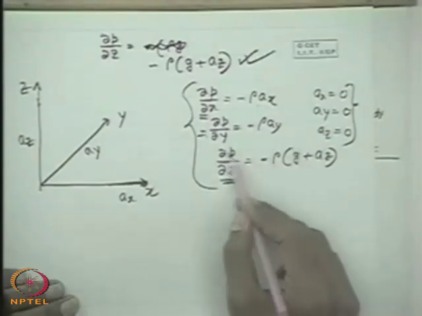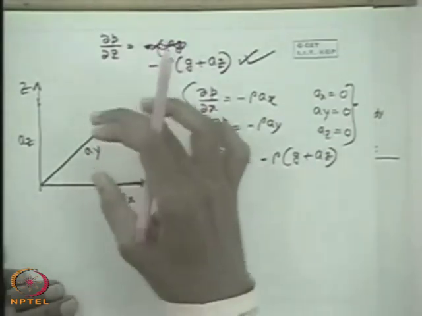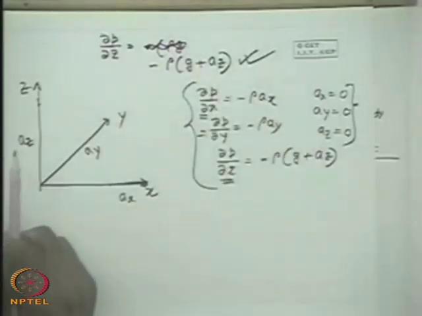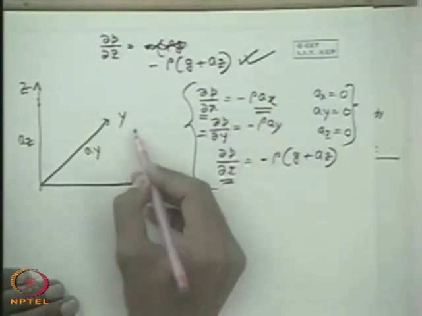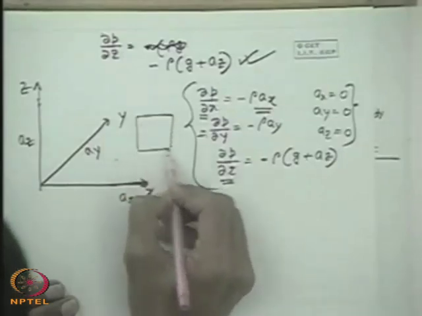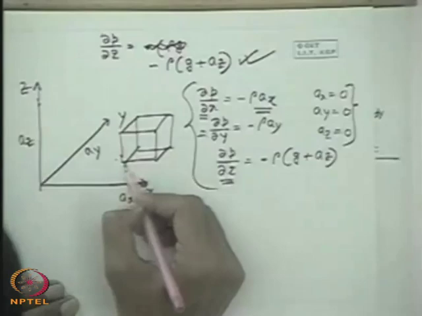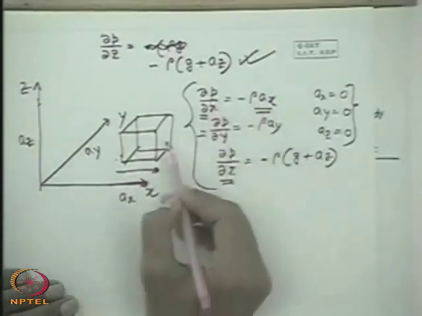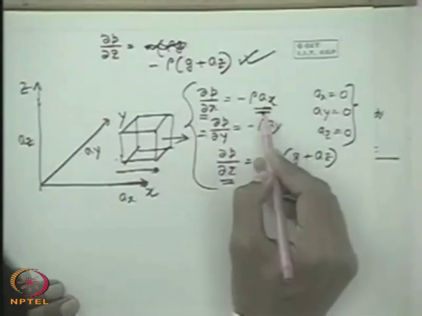Physically it means that it supports the weight of the fluid. The pressure difference created in the z direction supports the weight of a fluid element. But when it moves with an acceleration ax, definitely the pressure will vary. For example, if we consider a fluid element like this, pressure should essentially vary in the x direction, which should take care of the force acting on the body to cause an acceleration ax.